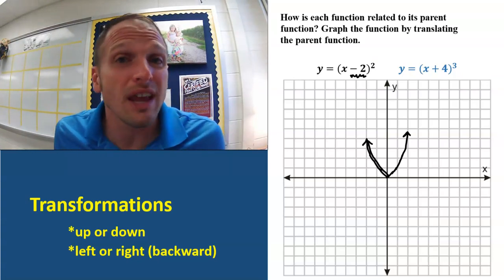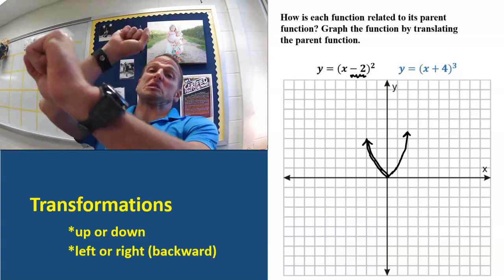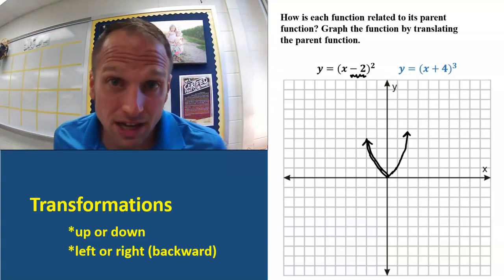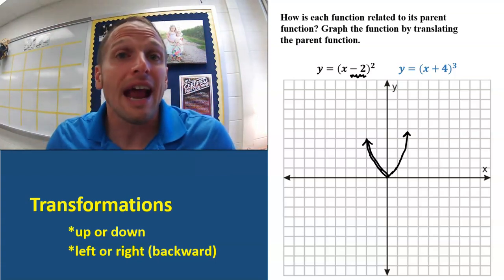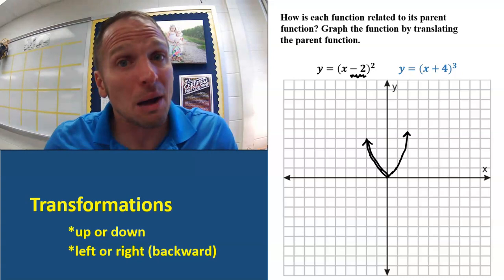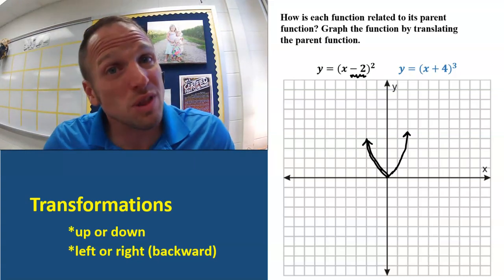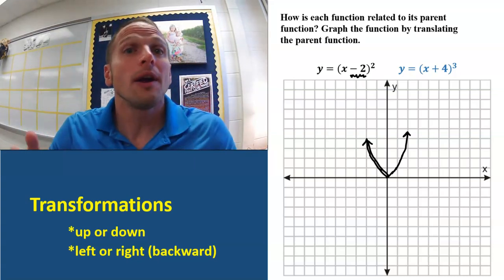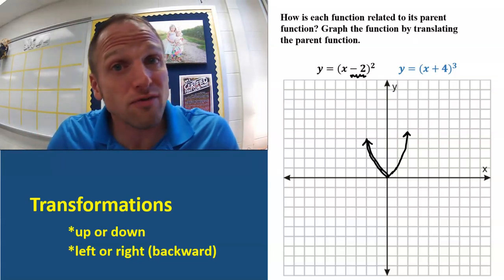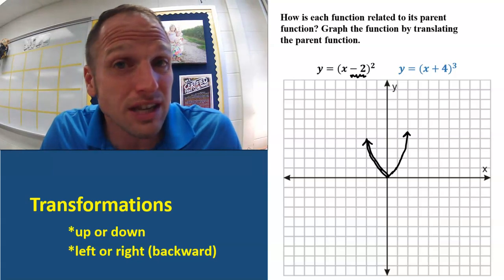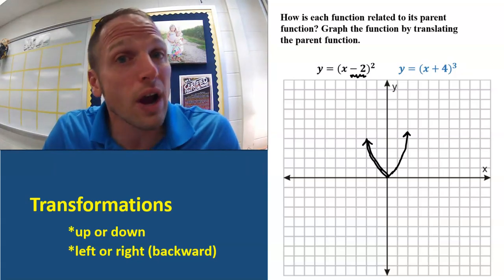So that would be the obvious answer, except x is going to say, wrong answer. I know it makes total sense to do that, but it actually is going to do the opposite. So with the x's, wrong answer, it's going to make it go the opposite way. So instead of going to the left 2, like a negative would make it seem, we're actually going to go to the right 2.